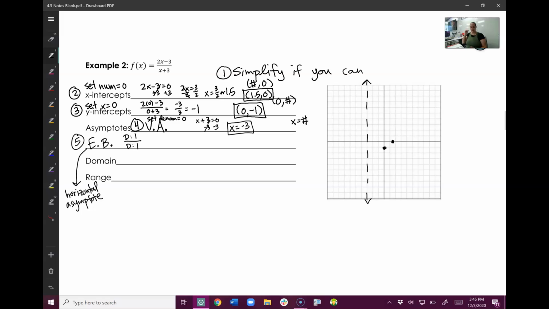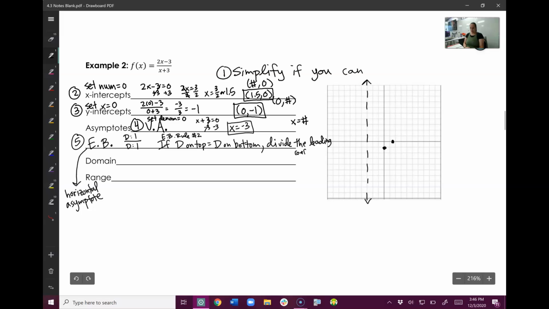So this actually brings us to our second end behavior rule. So we're going to call this end behavior rule number 2. If the degree on top equals the degree on bottom, then you're going to divide the leading coefficients.